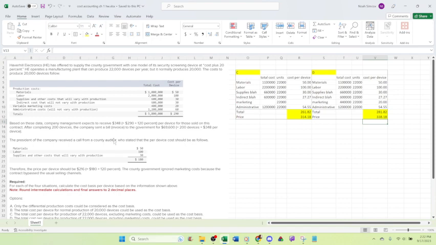And I feel like the auditor might be wrong here because the auditor is not including all production costs. It's only including non-variable production costs as the cost basis.